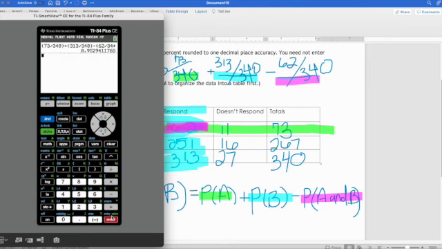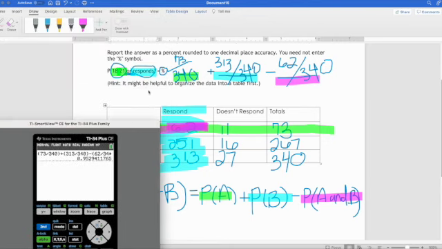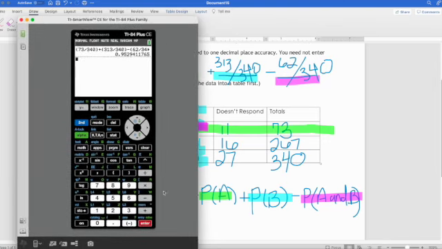Now by default, the calculator is going to give me the decimal value. The question asked us, if you notice here, because of that percent sign, we need to put it as a percent with 1 decimal place. So to put this into percent form, I'm going to multiply by 100, and then I'm going to round.